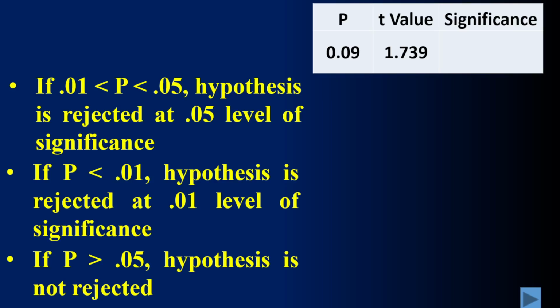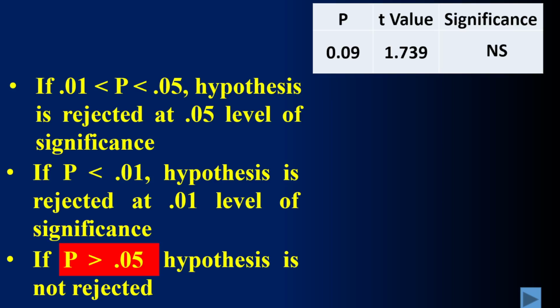If p is greater than 0.05, the hypothesis is not rejected. Our value is 0.09 and it is greater than 0.05, so the hypothesis is not rejected, and it is concluded that there is no difference between the emotional intelligence of PG students of Chandigarh. This hypothesis checking is done on the basis of probability value.